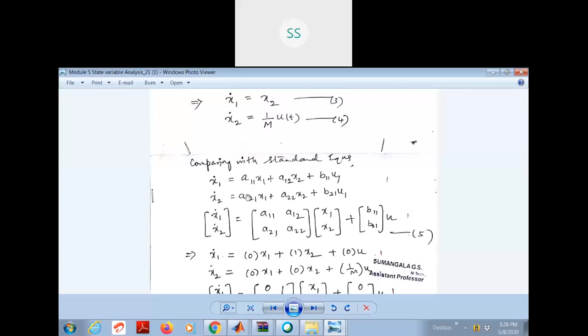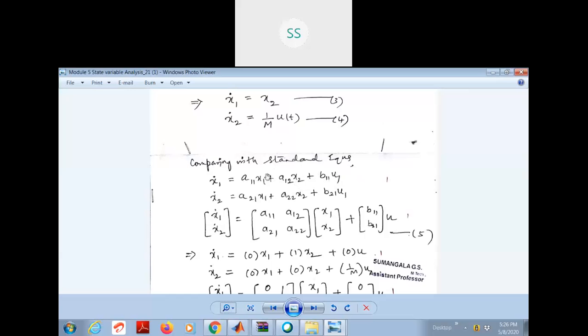There are only two state variables, so x1 dot equal to a11 into x1 plus a12 into x2. If there were one more state variable, we would have written a13 into x3 also. So the number of terms depends on the number of state variables.